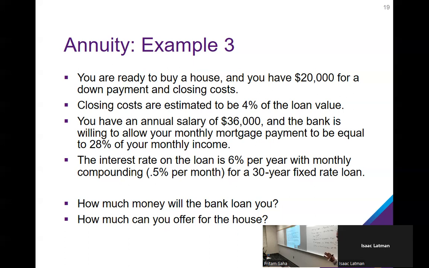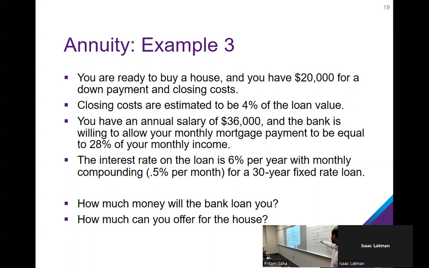Any questions so far? Some basic calculations, if you understand how things work. From your monthly income, you will pay a loan, right? So if you look here, we calculate this value just thinking about 28% of your monthly income. Just a very basic present value calculation we did so far, but we extract the payment information from the monthly income, 28%.